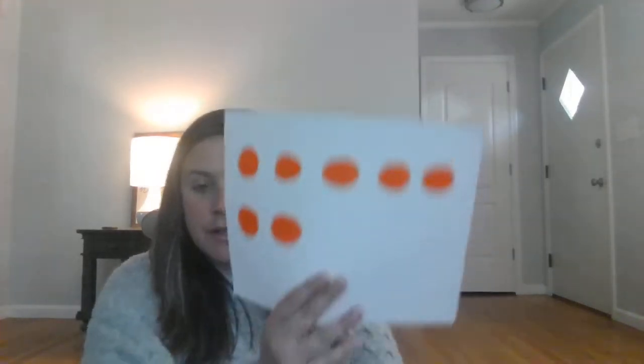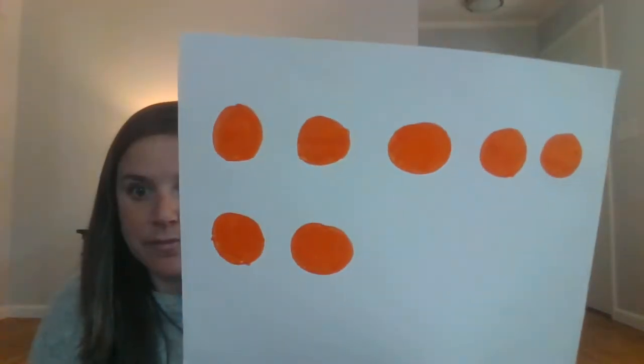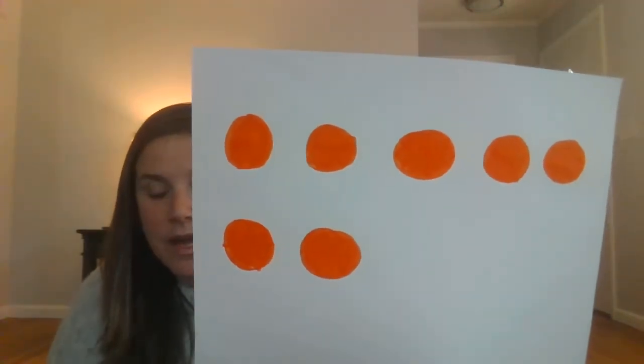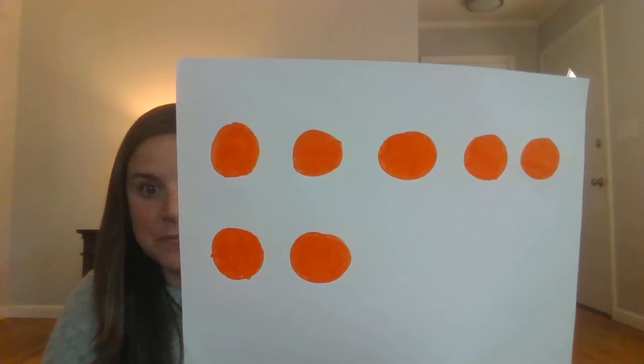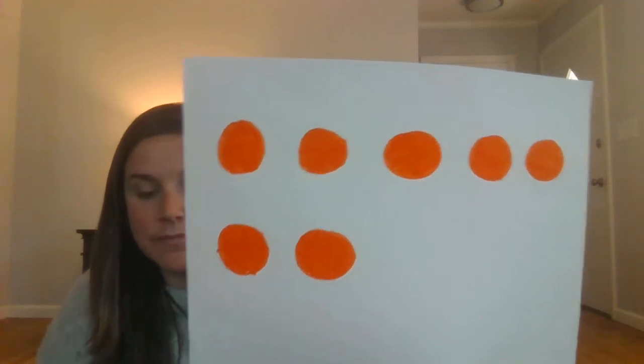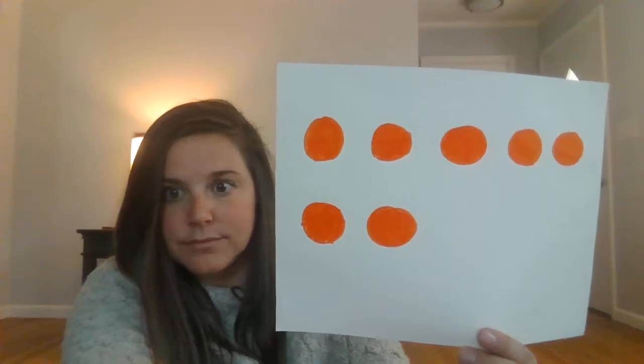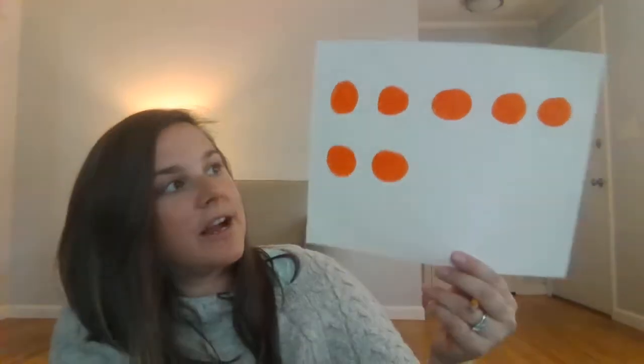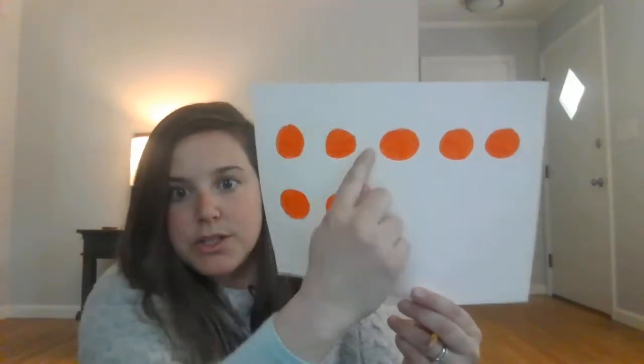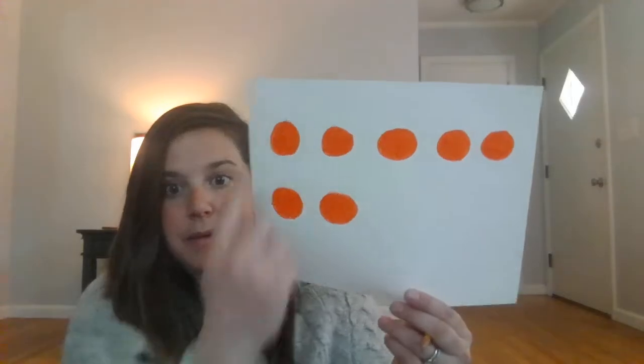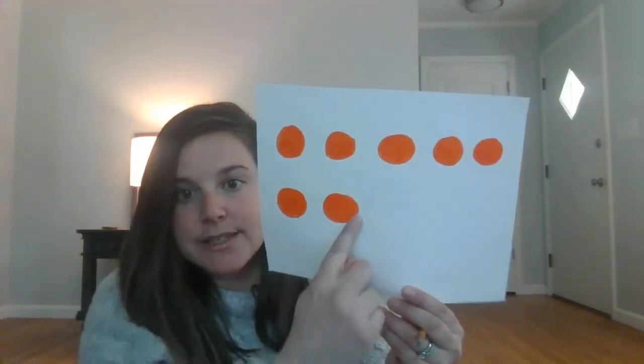All right, next one. Let's do this one. How many counters do you see? So here I've got 1, 2, 3, 4, 5. I can skip count. 5, 6, 7.